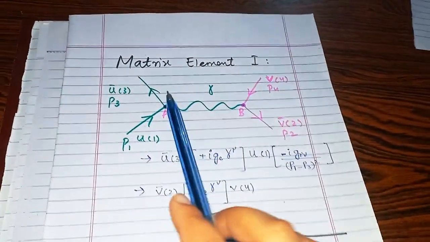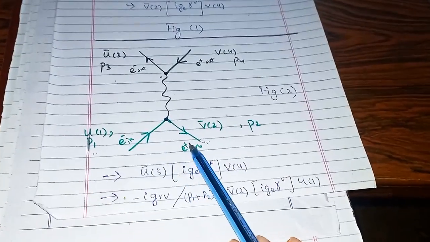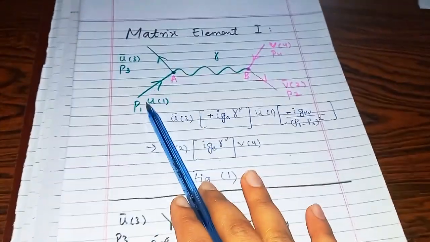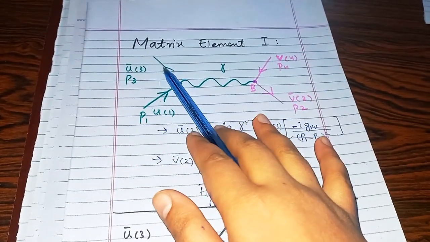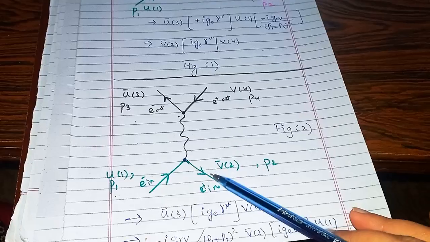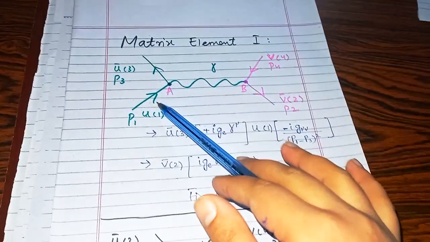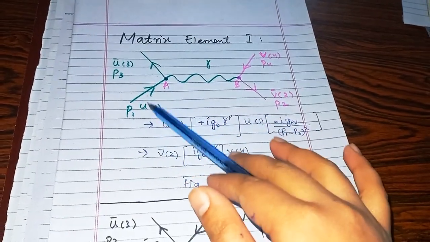So here what happens is that, let's say this is a positron here and this is an electron here, whereas here it was an electron and here it was also an electron. So we can see that there used to be an electron over here, but it's a positron over here. They are interacting with each other to give a photon, but here it is a different situation, where the electron is nearer to that incoming electron.